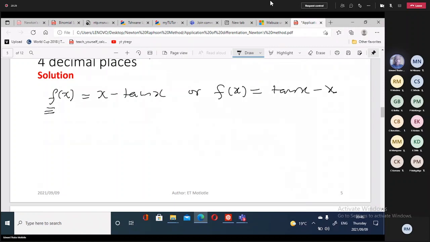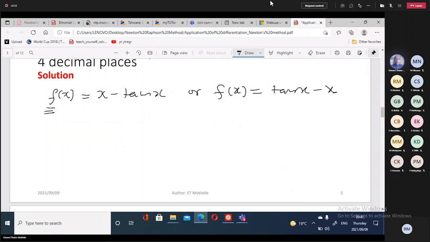Let me start again. Tan x, alpha x minus alpha x. Then if I substitute 4.6, what do I get? Okay, I made a mistake. I'll start again.